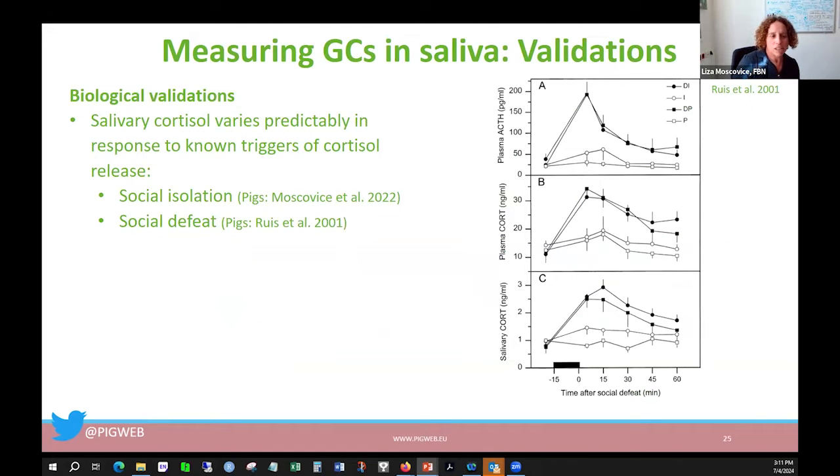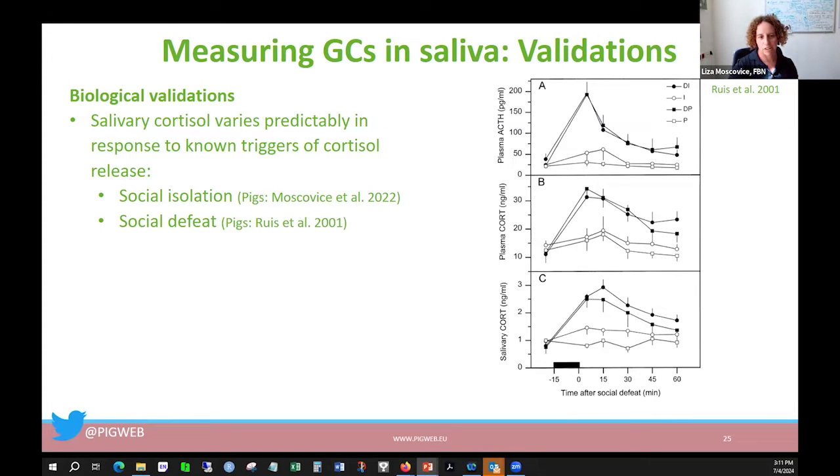So we have some really nice biological validations showing that what we're measuring when we measure cortisol in saliva corresponds with what we'd expect and what we can measure with cortisol in plasma. For example, salivary cortisol increases very quickly in response to known triggers of cortisol release. This includes brief social isolations of young pigs, and also what you see here is social defeat.